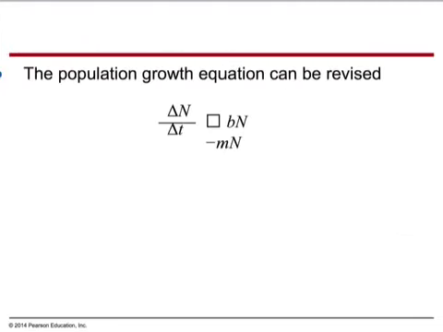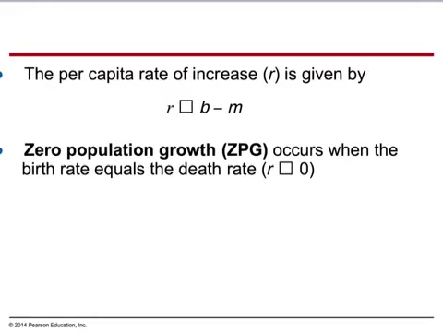So population growth can be revised so that the change in population over a period of time is equal to your per capita birth rate, 200,000 births per year for the whole population, minus the death rate, X number of deaths.